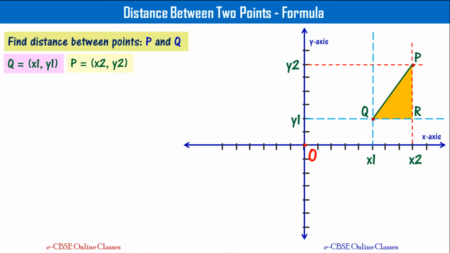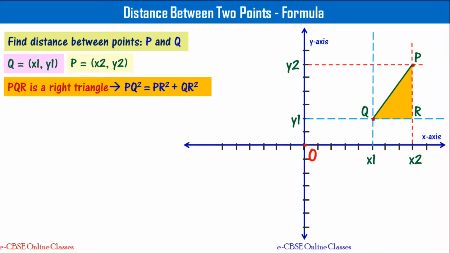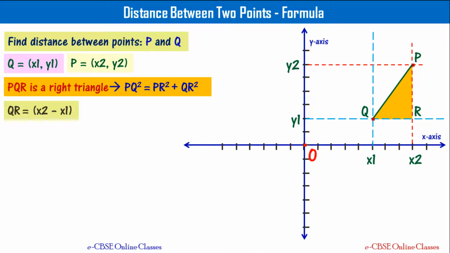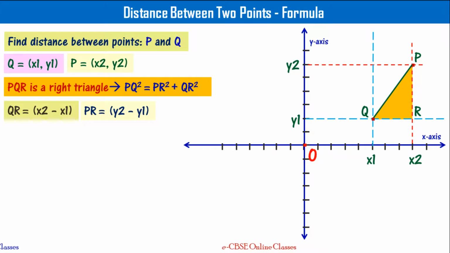The triangle PQR is a right triangle, which means that PQ square equal to PR square plus QR square. Let's substitute. If you observe, QR can be written as x2 minus x1. Similarly, PR can be written as y2 minus y1, right?